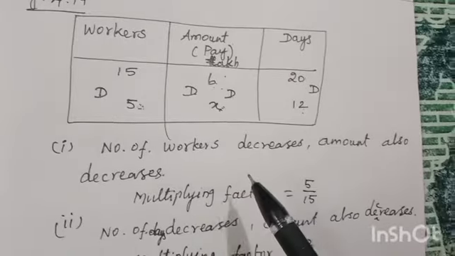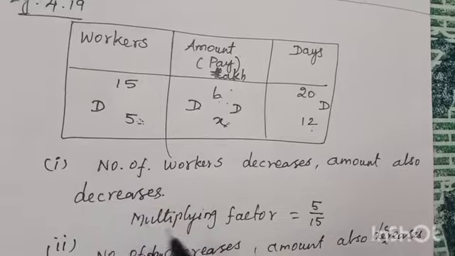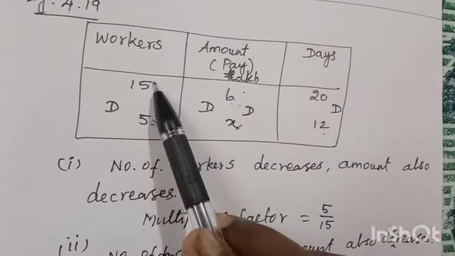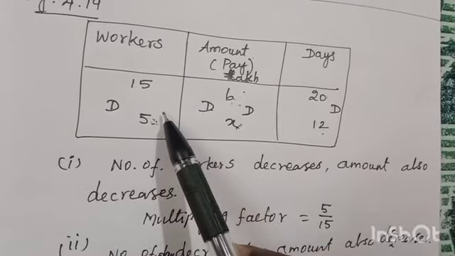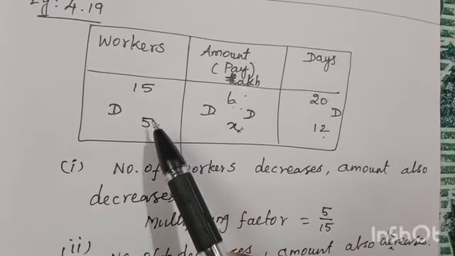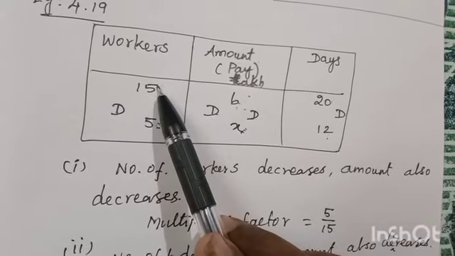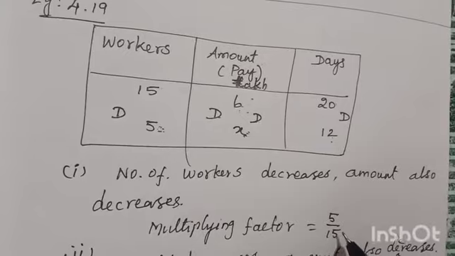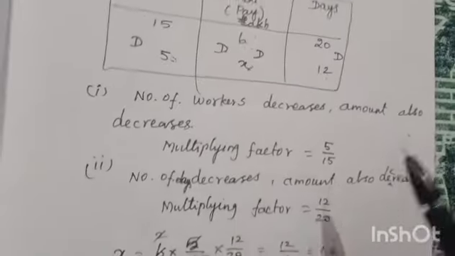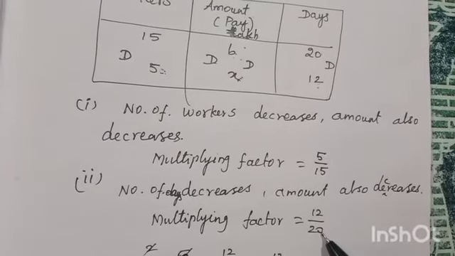Yes, we have to write the multiplying factor. For direct proportion, how do you write the multiplying factor? That is 5 by 15. You use the reverse order: the second number you write in the numerator, the first in the denominator. Okay, 5 by 15. For this one, how do you write students? 12 by 20. The second step multiplying factor is 12 by 20.